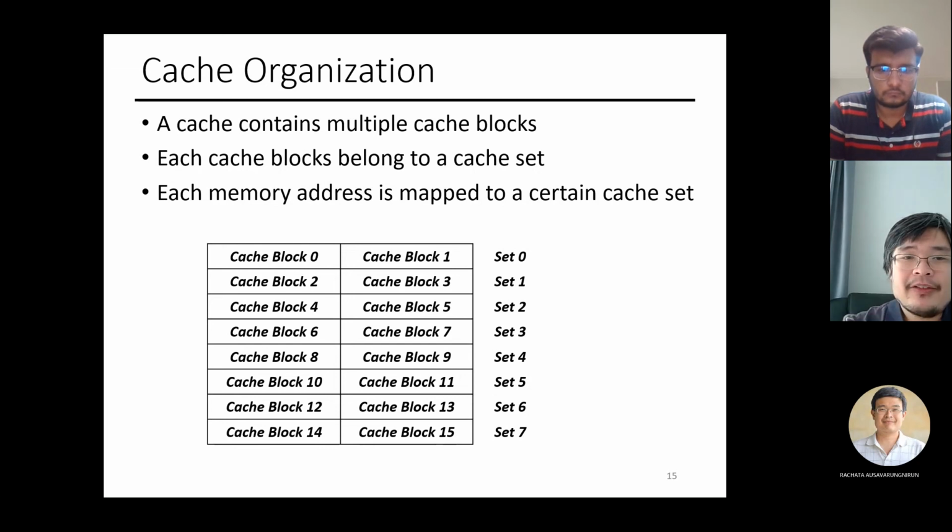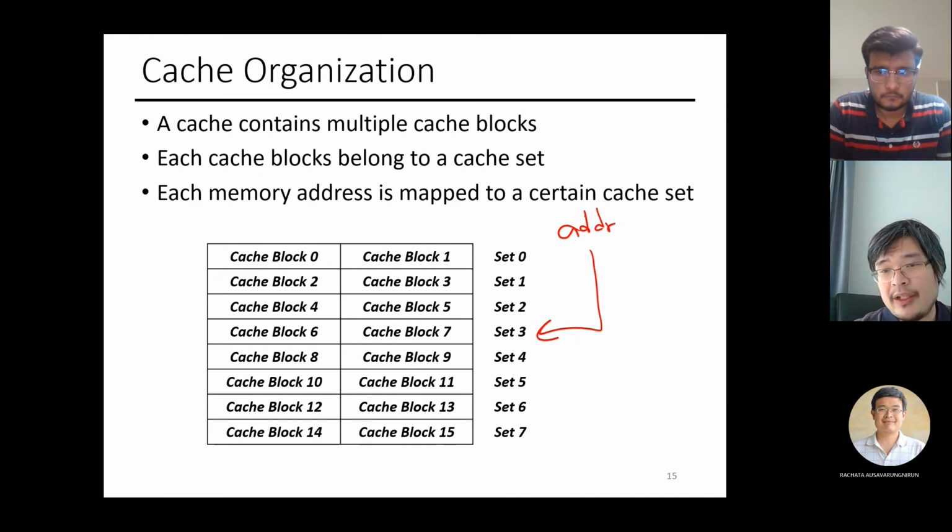Let's say you want to access an address that maps to set number 3. It's guaranteed from the address that it would always be in set number 3. If it's not in set number 3, it's not in this cache. This is how you quickly search.